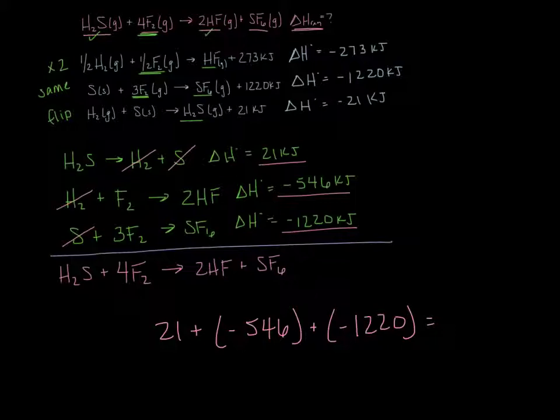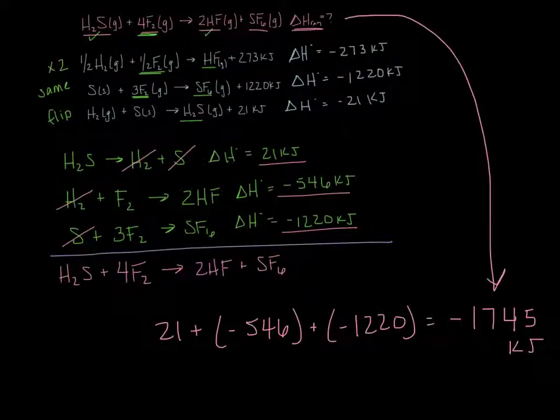Let's see, negative 546 plus negative 1220. That's going to give me a delta H for my reaction of negative 1745 kilojoules.